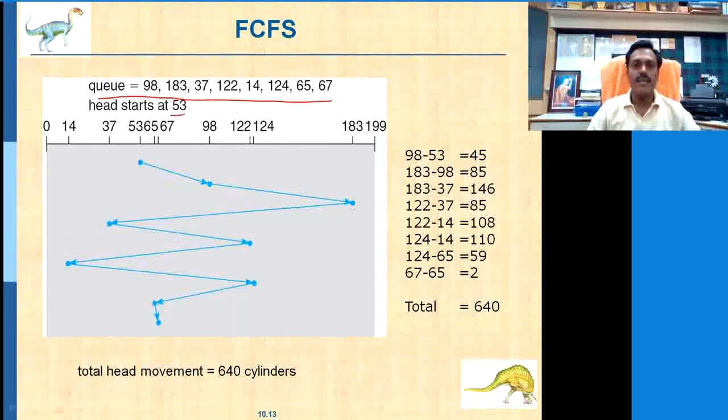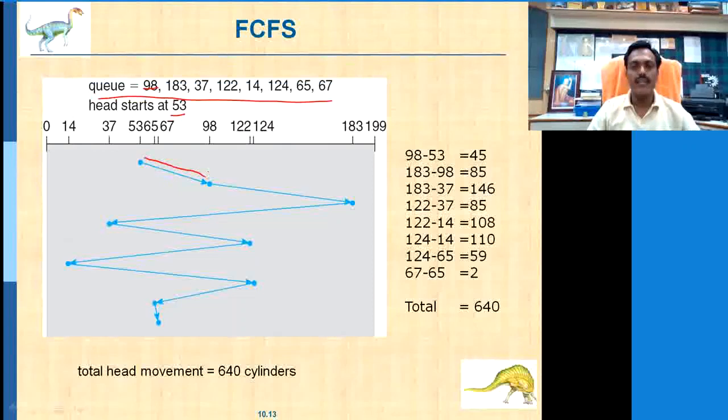Head starts at 53. Now if you consider first come first serve, the name itself indicates that it satisfies the requests as they come into the system. Initially 98 arrives into the system, so 98 is satisfied. So the head starts from 53 and goes to 98.